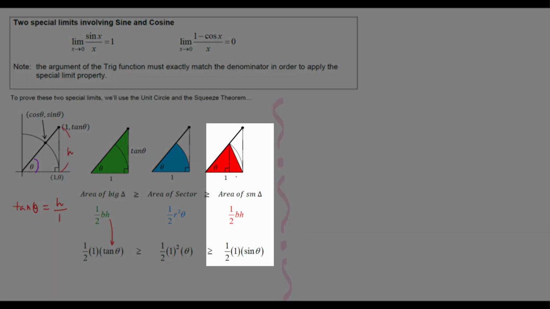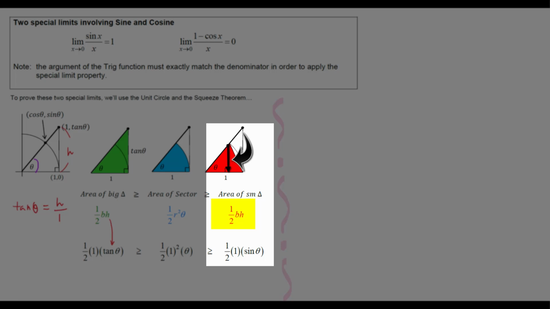The area of the red triangle, again, since it's a triangle, must be 1/2 times its base times its height. Since it is an acute triangle, the height goes from the highest point down to the base at a 90-degree angle.